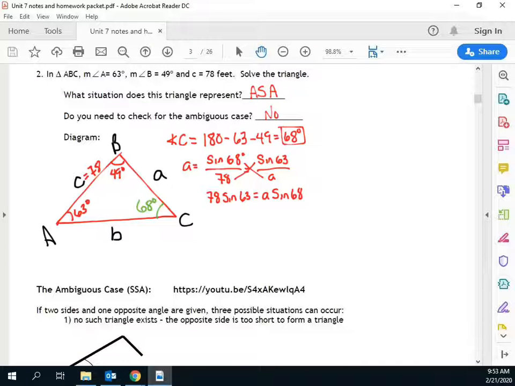And then we divide, right? So for this one again, 78 sine of 63 over the sine of 68. Two decimal places gives you, there's A, now we'll do the same thing for B.